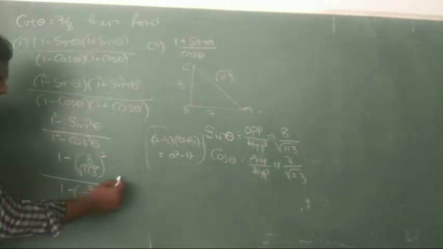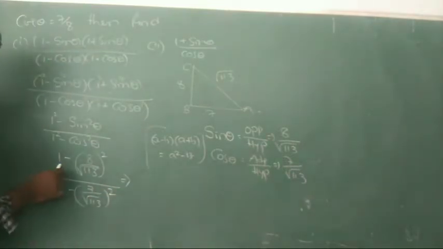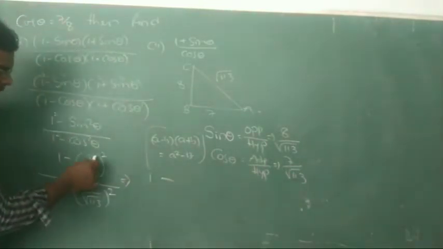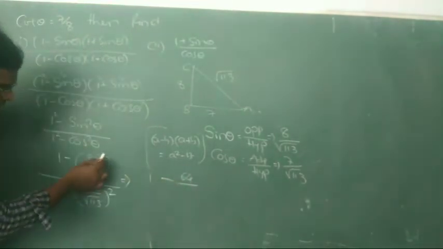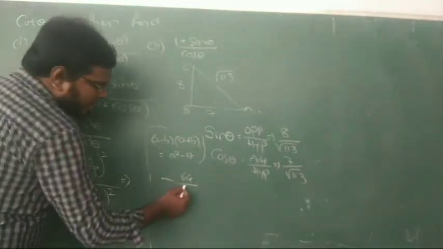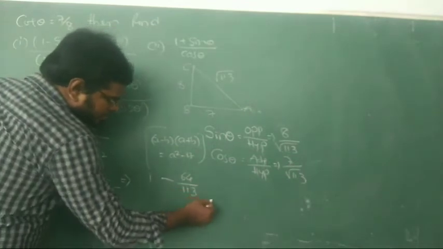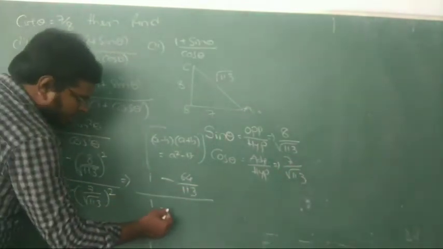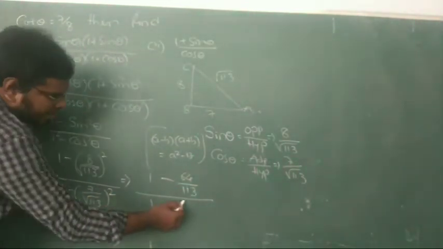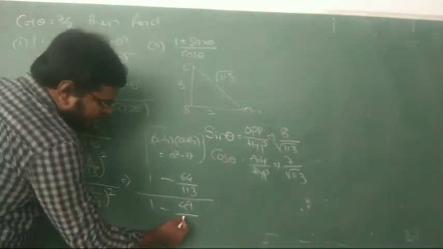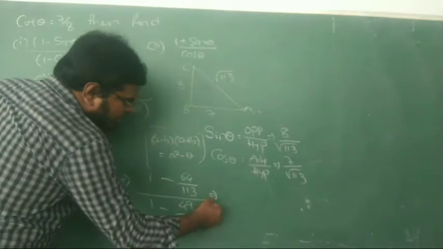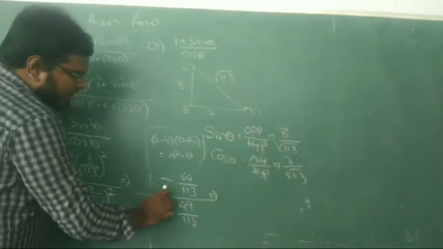And listen, the next step. 1, 8 square, 8 8s are 64. Here square root gets cancelled when we write the individual. And here also 1 is 1. 7 square means 7 7s are 49, but under root, square and root get cancelled. 113.